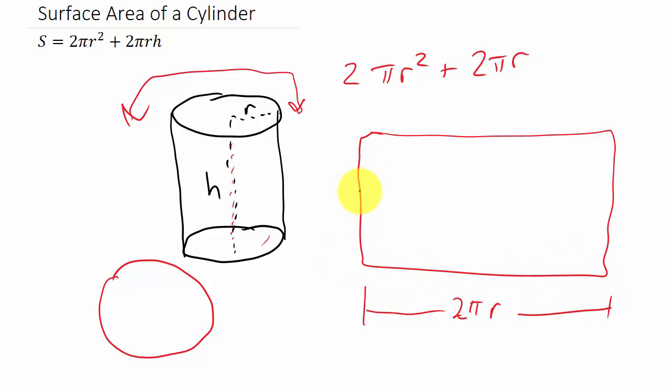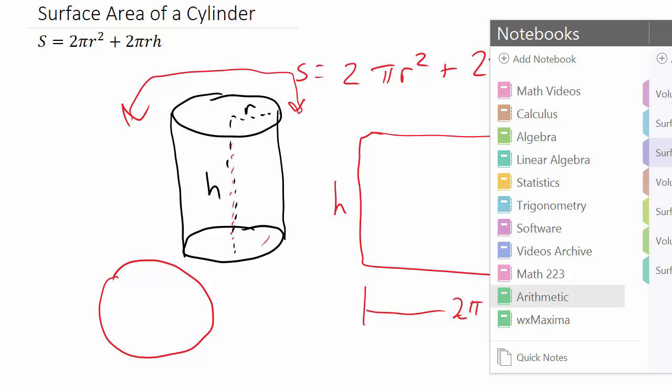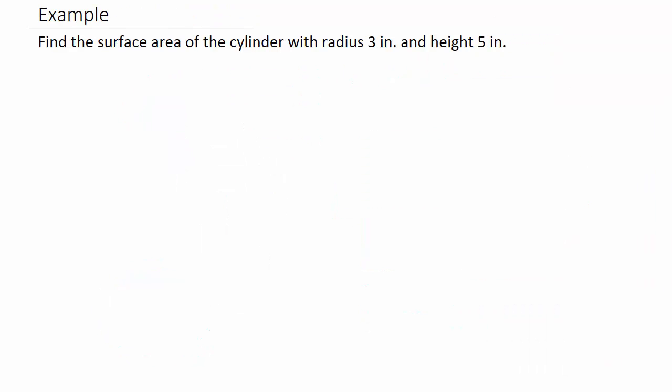It's length times width. Well, this distance from here to here, that's the height. And so that's where that part comes from. And so that would be your surface area. Okay, so let's look at an example.